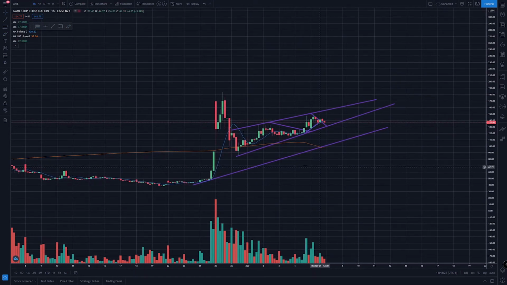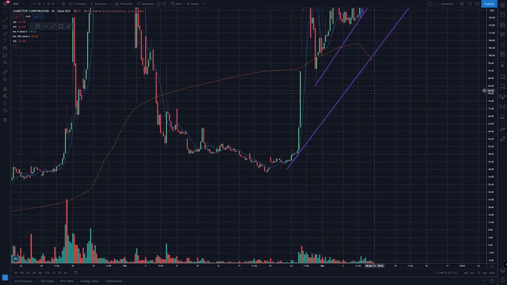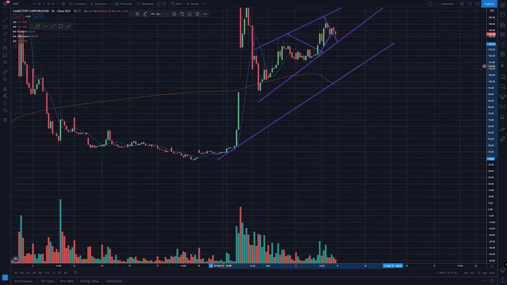Actually, what's this trend line from? I'm not sure about this trend line for sure. I just kind of put it out there. I got it from this bottom right here and this bottom right here. Basically I just made this little trend line right here and then just dragged it up.